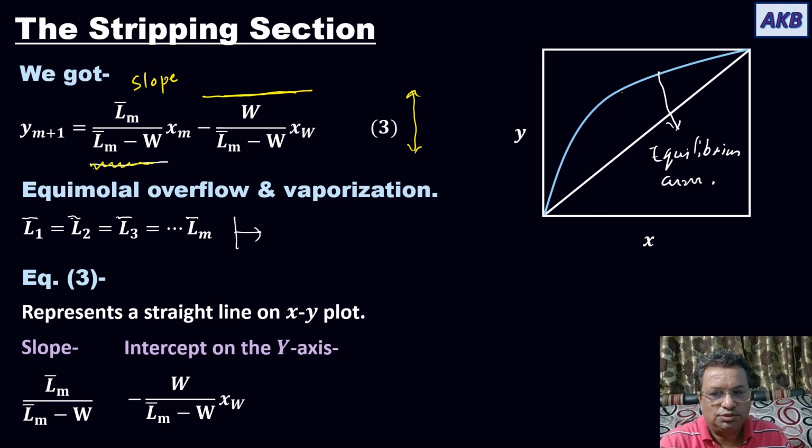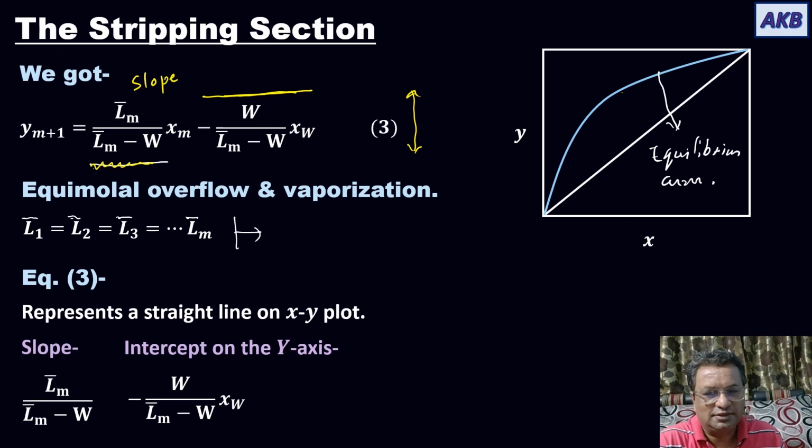Okay, so that was the objective for this discussion. We have got the equation for the operating line of the stripping section, and due to the assumptions of the McCabe-Thiele method, the liquid flow rate is constant throughout the stripping section.